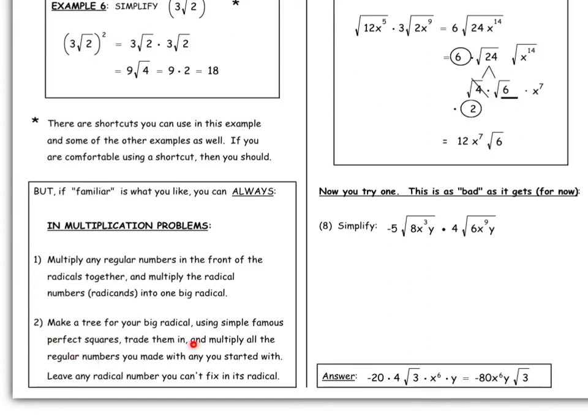Make a tree for your big radical using simple, famous, perfect squares, even if it takes more than one set of branches to finish. And then when you're all finished, multiply all the regular numbers that you started with, and all the regular numbers you made in your tree, and any radical stays a radical.